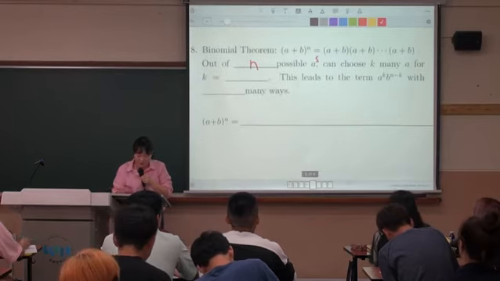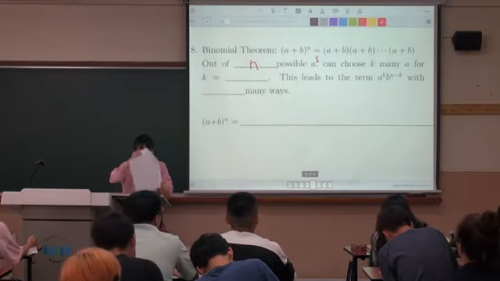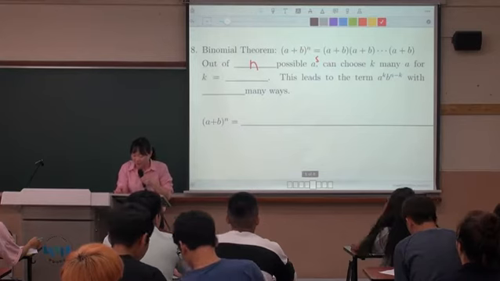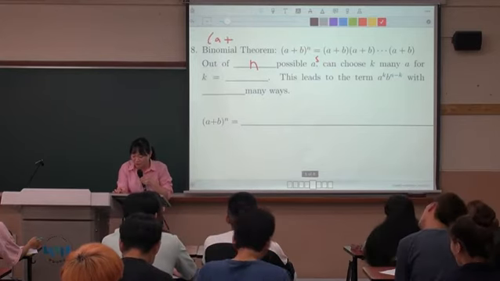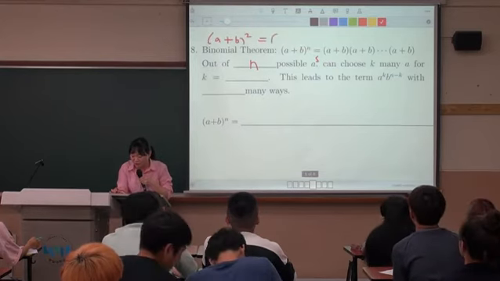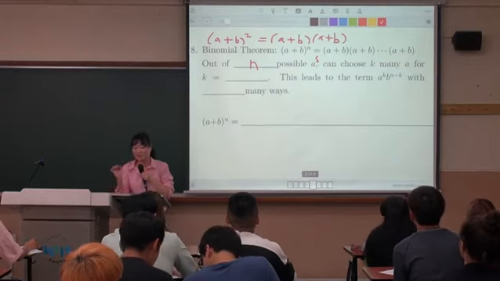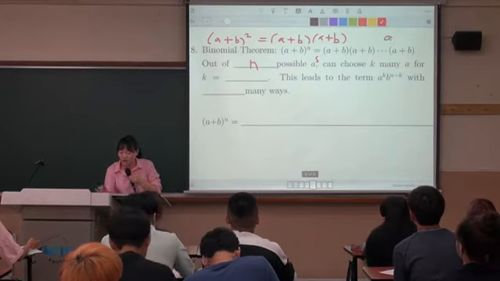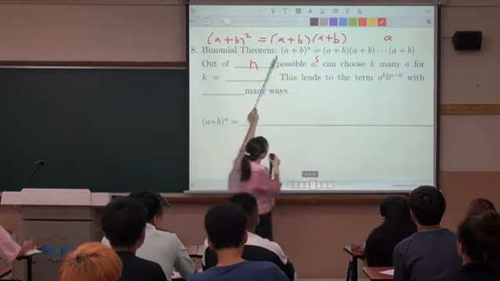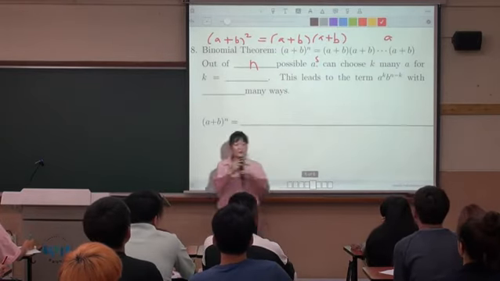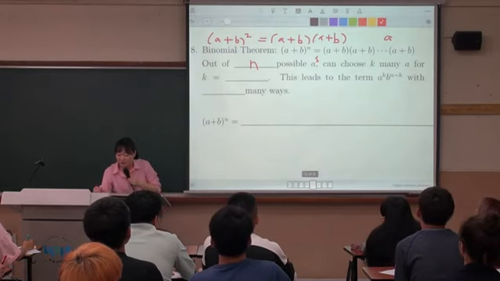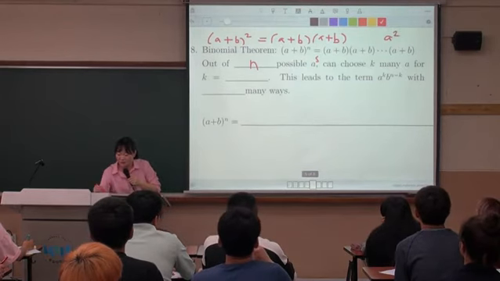A가 여러 개 있으니까. So if we have, for example, A plus B squared, then we get A plus B, A plus B. 맞죠? I can choose A twice. I can choose A here and A there. Then what do I get? A squared. So I choose K, 2.